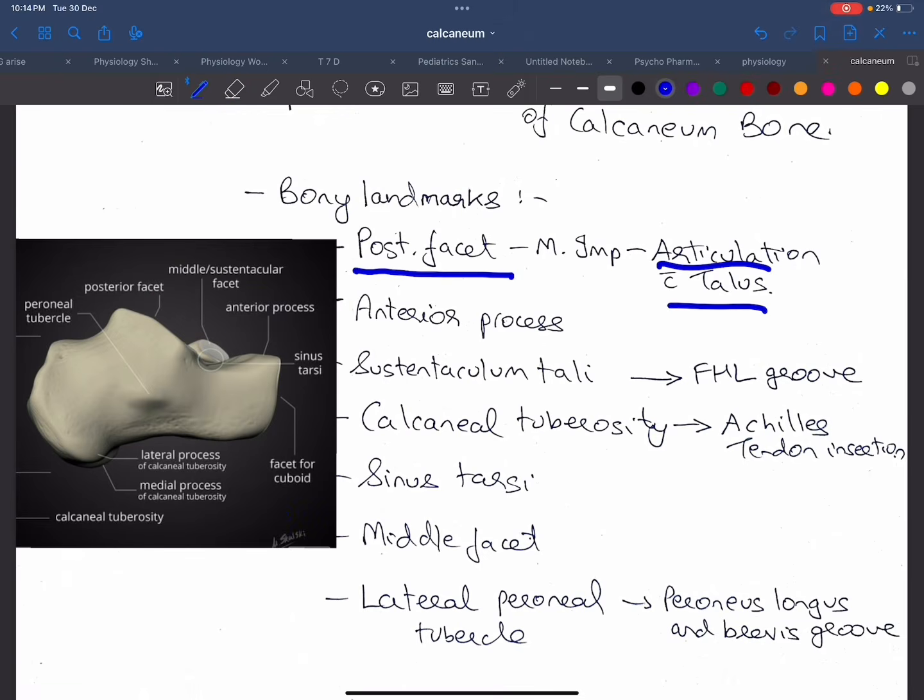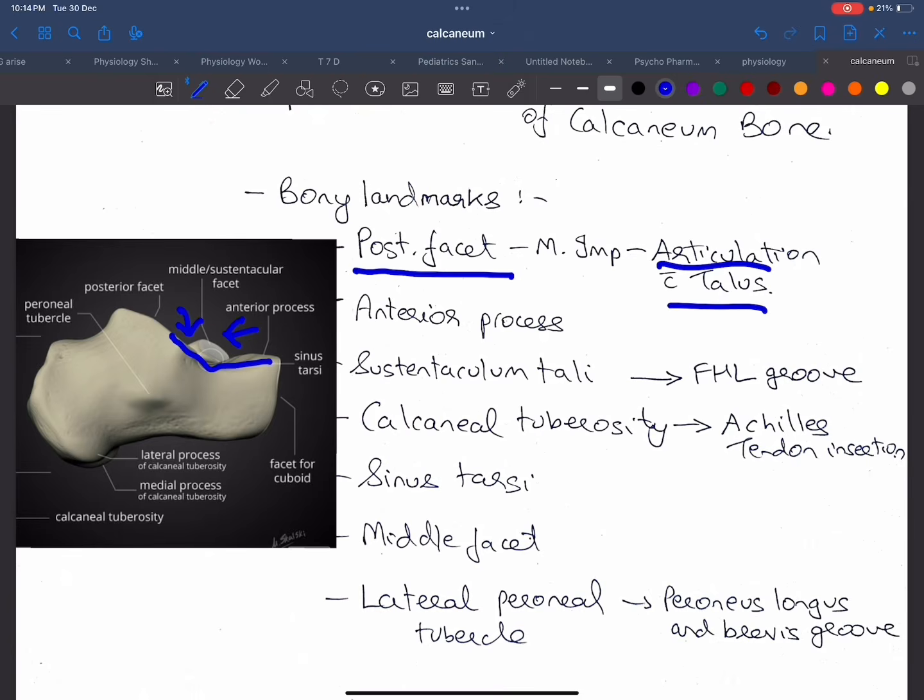Moving forward, this part you need to be very clear about. This part is the sustentaculum tali, the sustentacular facet. It is over the medial aspect. Let me repeat this three to four times. This part is over the medial aspect, which is the sustentacular facet, and this groove is over the lateral aspect.